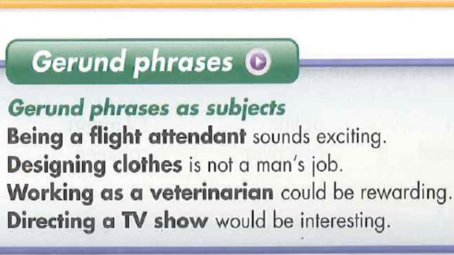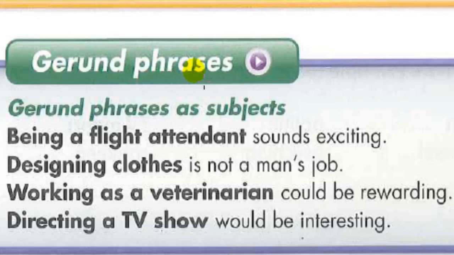So here, gerund phrases as subjects. Gerund phrases. What does gerund mean? Gerund: verb plus ing. Phrase means different words, two words, three words, different words that don't give a complete thought, a complete idea.